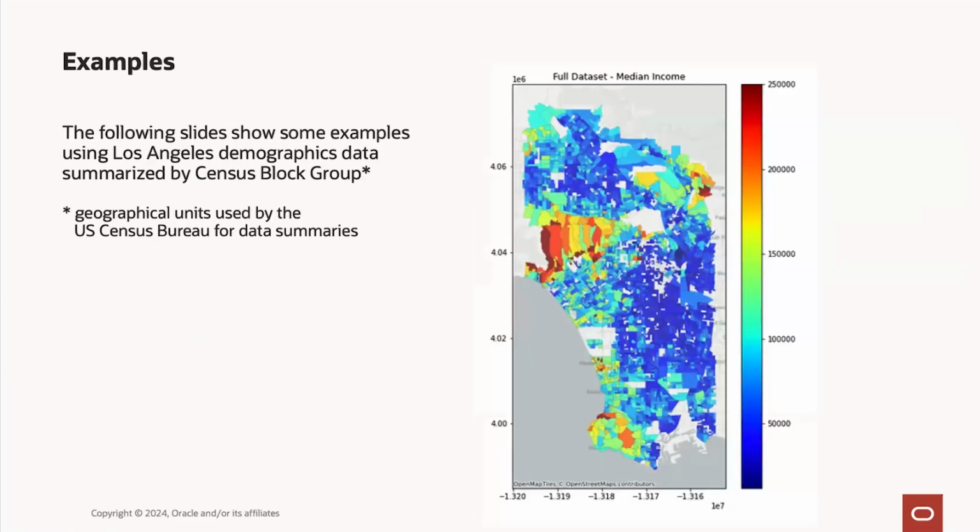Okay, so I want to show a few examples, and these are just some screenshots to show what some very basic examples look like. And the context here is, I think pretty much all of these involve working with some US Census data for Los Angeles.